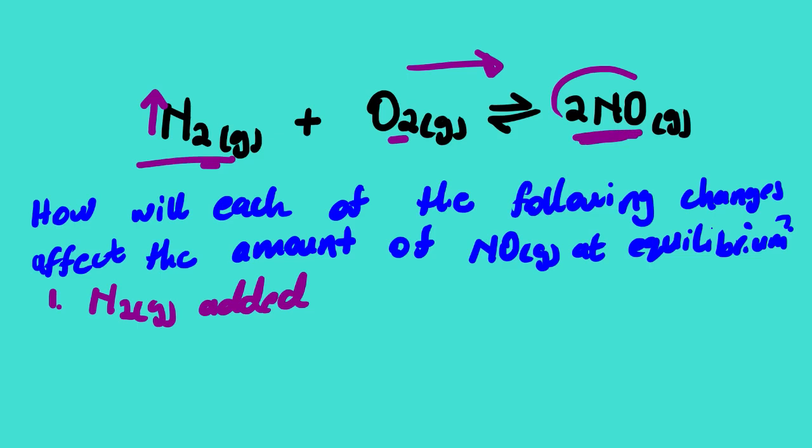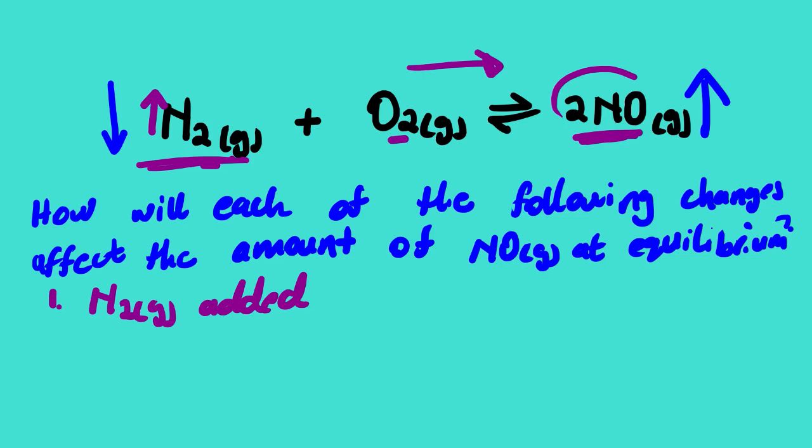Now, since we are adding more of our reactants, the system will try to reinstate by decreasing the added substance by increasing our product.